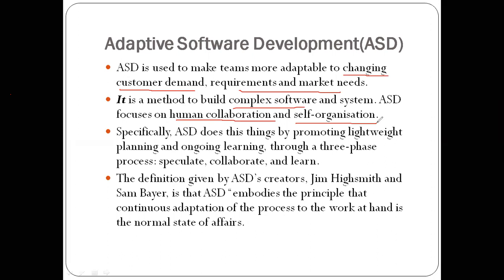Like that, it will work collaboratively, with mutual understanding and mutual respect. If you develop one project based on all these factors, that kind of project comes under ASD. So it's completely teamwork.